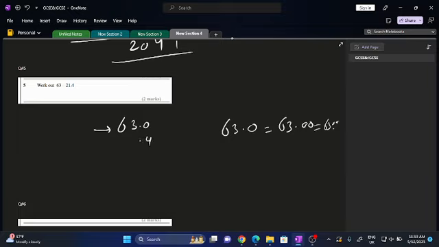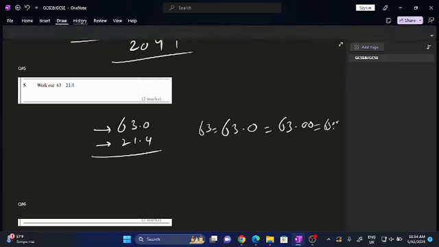You have to make the decimal point in line. This is just 63, so in order to place the decimal point in line, it's necessary to write 63.0 instead of 63. No issue, 63.0 is the same as 63. For making a solution, you just convert it so that your decimal point comes in line.